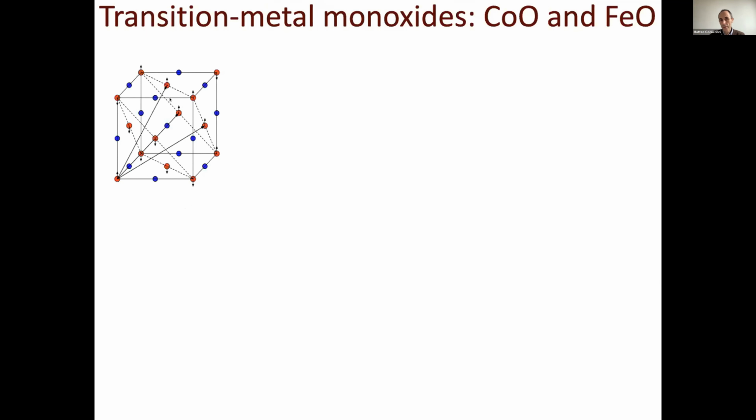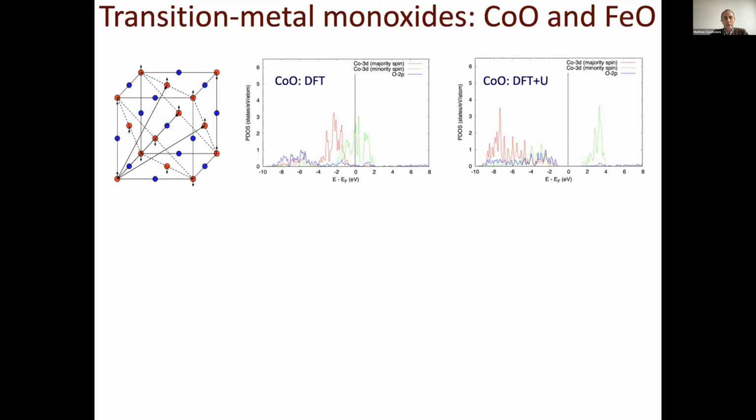They're all insulators, but DFT typically predicts either metals or insulators with a smaller band gap. So for cobalt oxide, using the DFT+U, you can switch from a metallic ground state to a nice insulator one.